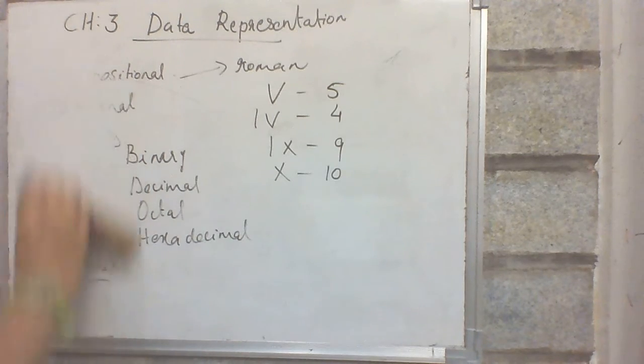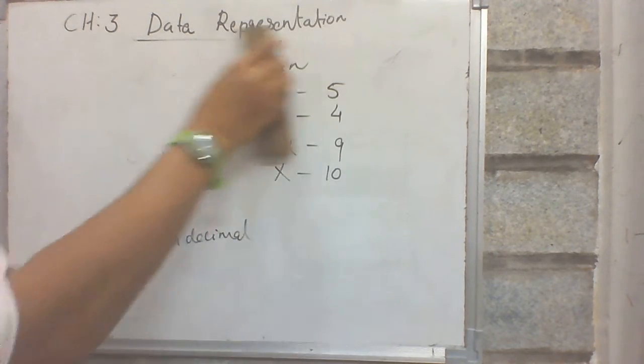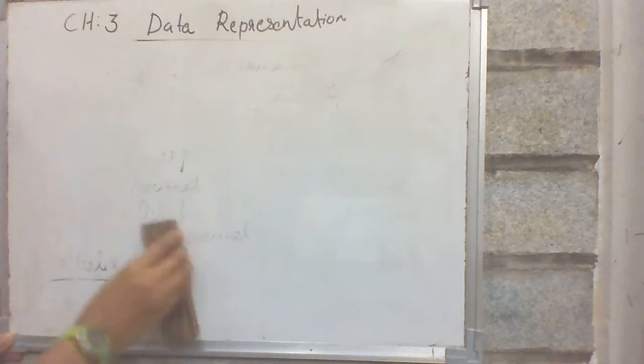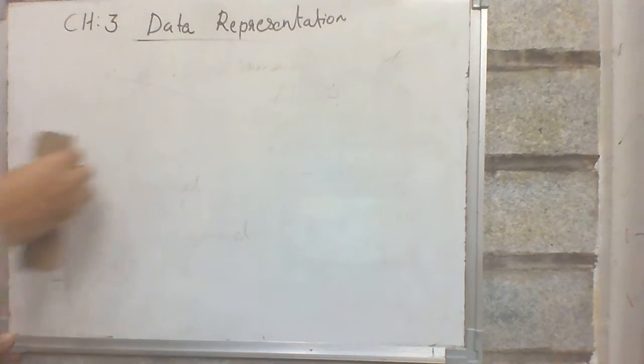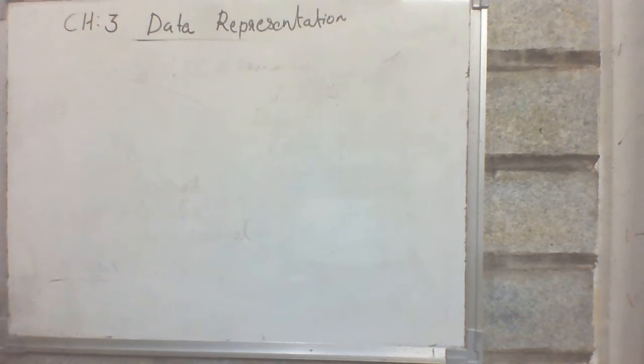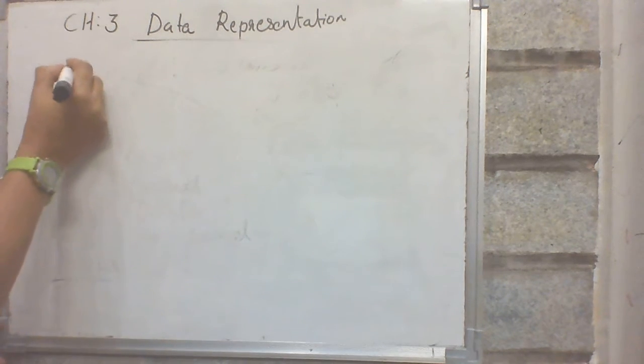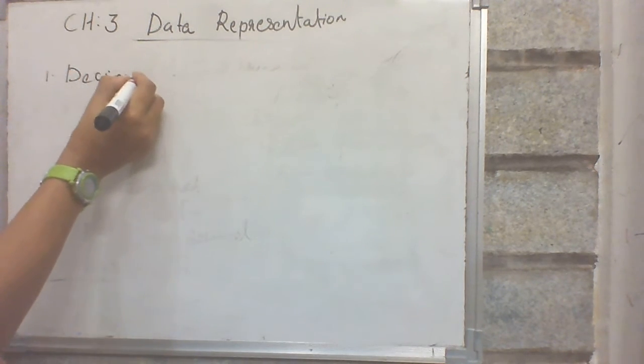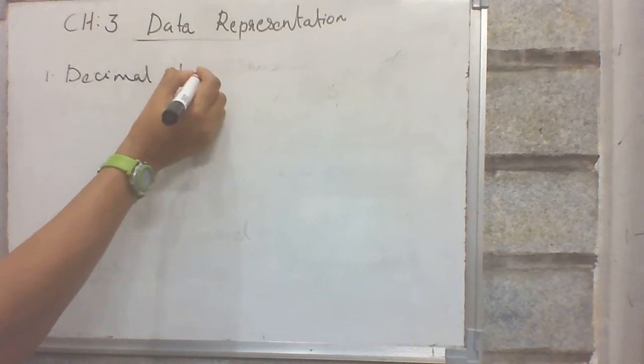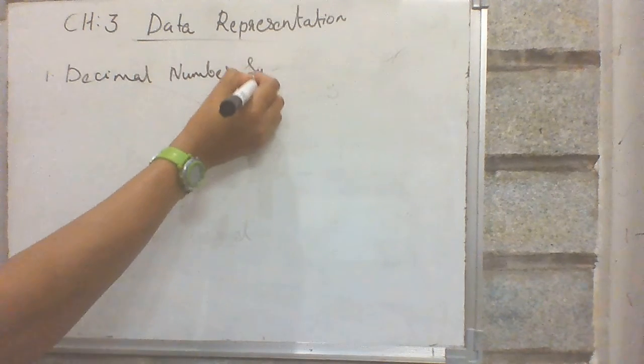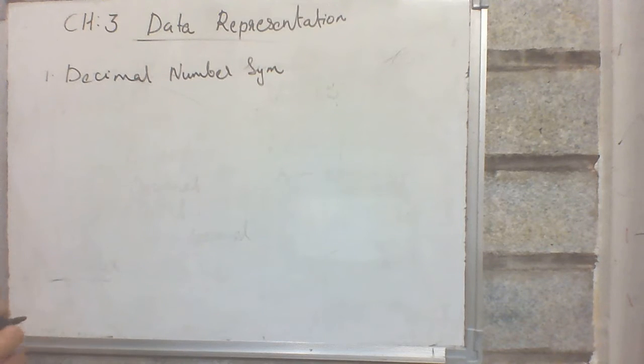First one, decimal number system. What are the digits used in a decimal number system? Deci means 10.